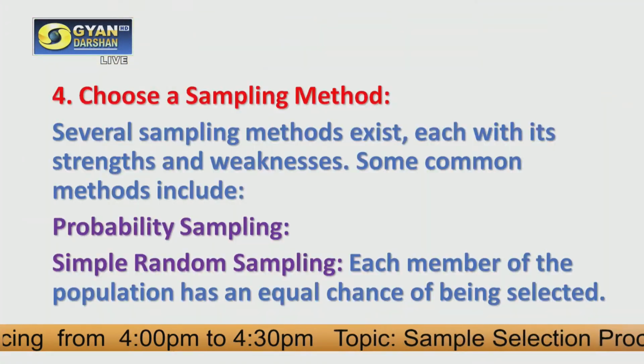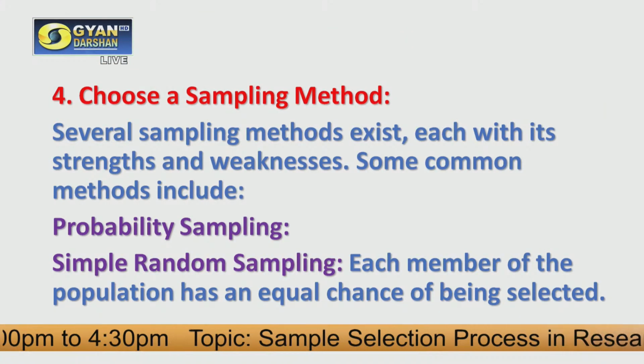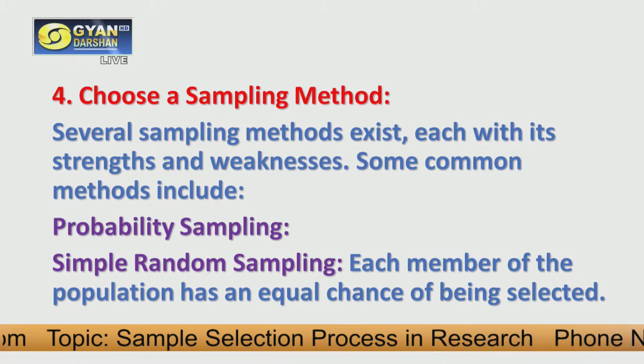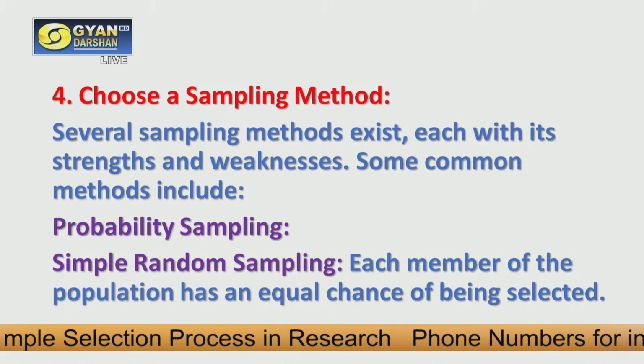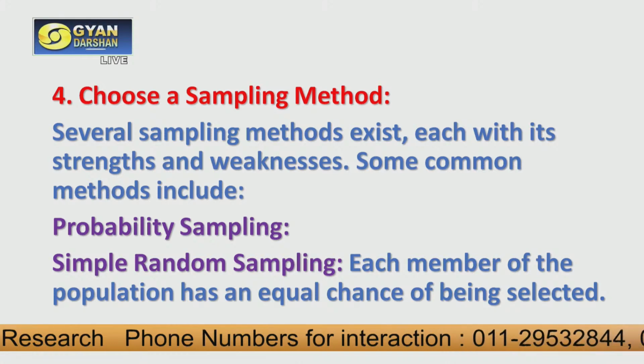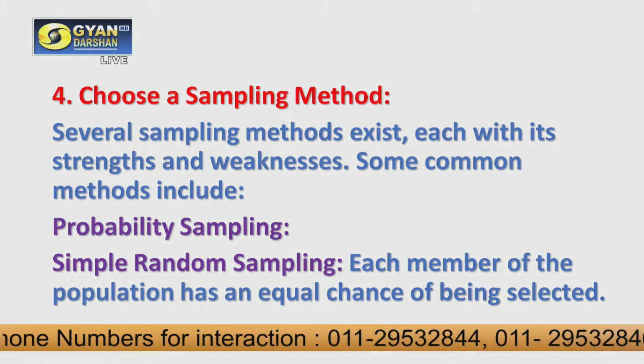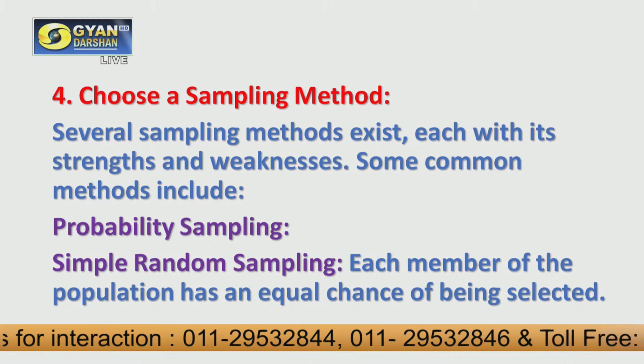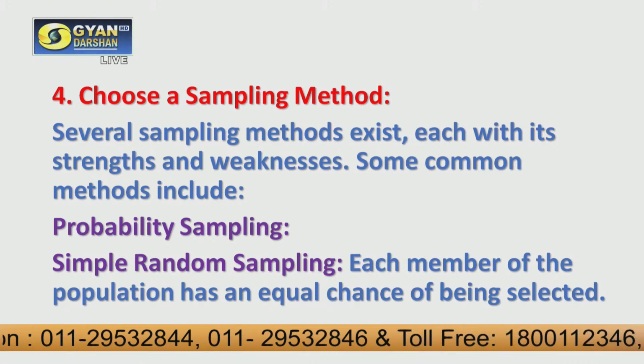Now, choosing sample, there are several methods to choose the sample. As I said, the types or methods of sampling process. In the sampling process, there are two types of sampling methods. One method is probability sampling. Another method is non-probability sampling.